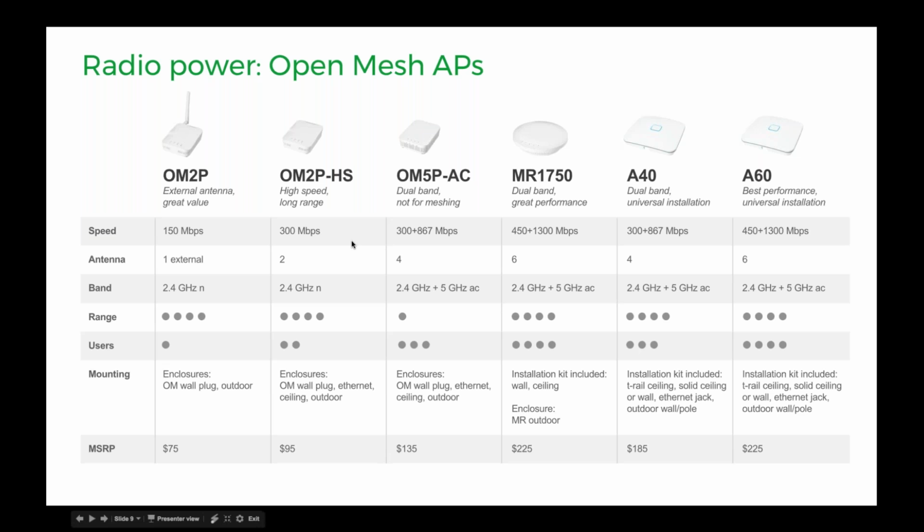All models do support PoE, but the OM2P is only passive 24 volt PoE, whereas the rest of them support 802.3af active PoE. The OM2PHS and OM5PAC support both passive and 802.3af, whereas the rest of these are only 802.3af.